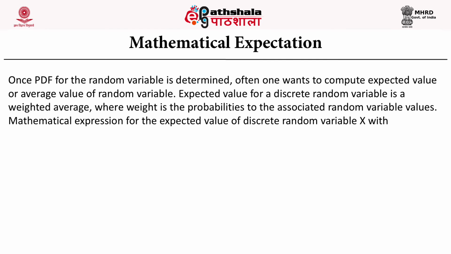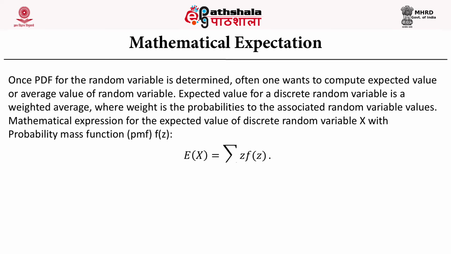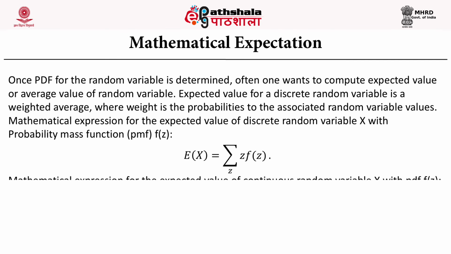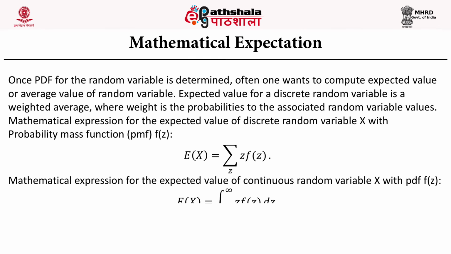Once the PDF for the random variable is determined, often one wants to compute the expected value or average value of the random variable. The expected value for a discrete random variable is a weighted average, where the weights are the probabilities associated with the random variable values. The mathematical expression for the expected value of a discrete random variable X with probability mass function f is given as expectation of X, which is equal to the summation over z of z times f(z).